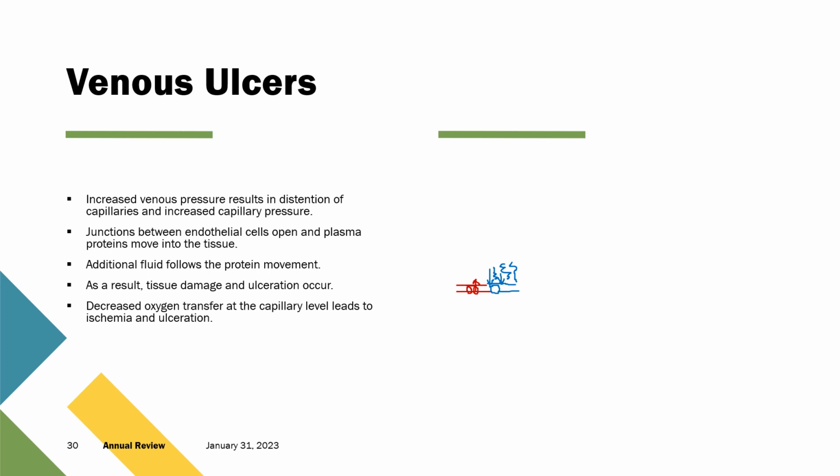When it leads to edema like this, hopefully the veins will ultimately be able to resorb some of that, or the lymphatic system can help, but sometimes it's unable to. When this happens, the junctions between the epithelial cells here in the venule or capillary walls are going to open, and the plasma proteins will just be released into the tissue.